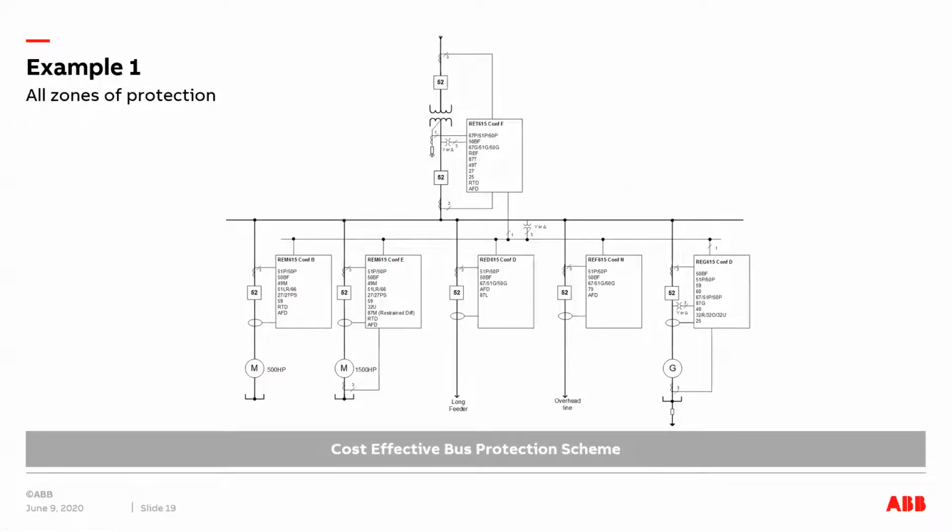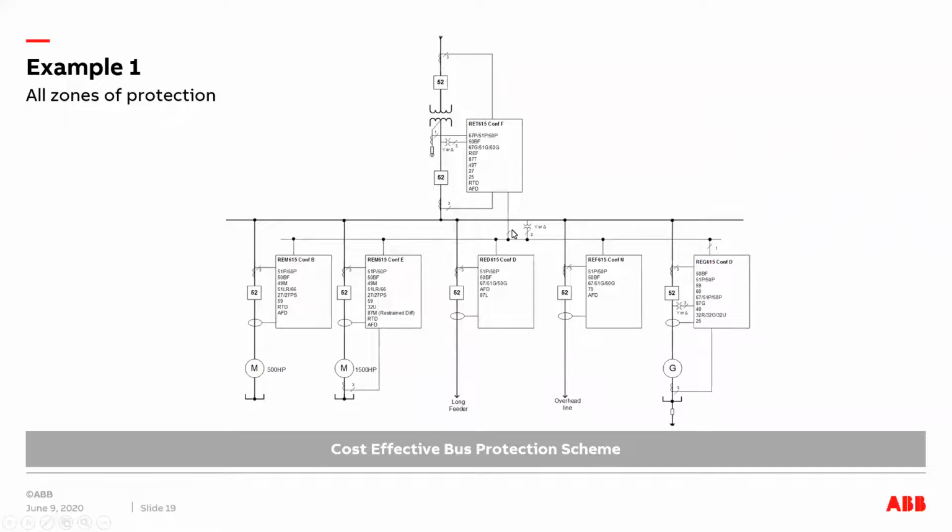Now, with the 61850, we can adopt a cost-effective bus protection, thus eliminating a dedicated bus protection relay, as you can see here. We can utilize the current information from the main, the generator, and the other outgoing feeders, and then we can create a bus protection scheme logic within the device here at the incomer relay, which will look for the current flow into the bus and out of the bus.